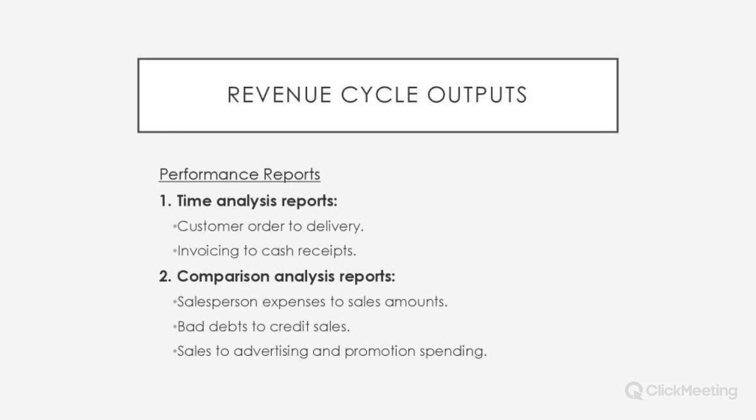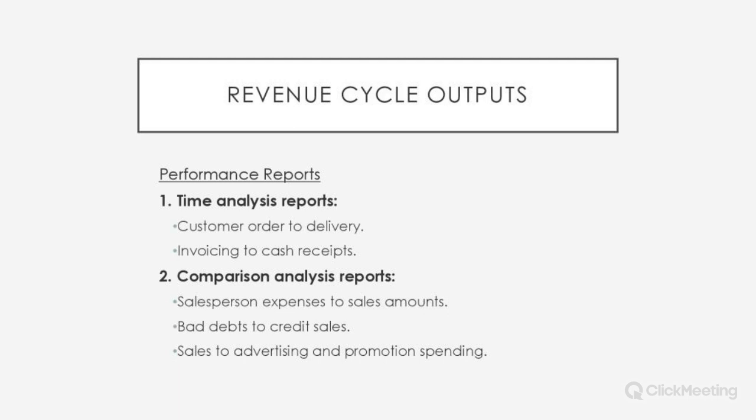The business generally prepares performance reports, and there are two types of performance reports in the revenue cycle. First is a time analysis report, which is about customer order to delivery, how much time it takes from when the customer has placed an order to receiving a delivery of the goods, and also invoicing to cash receipts. That means how much time it took from when the invoice was raised to the receipt of cash.